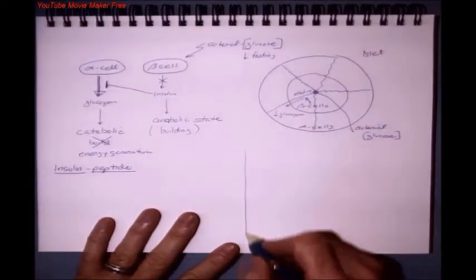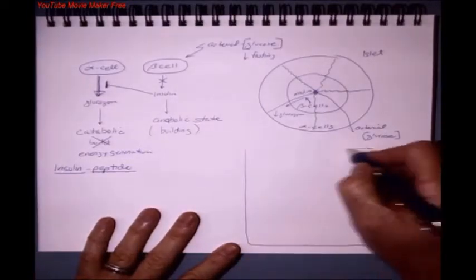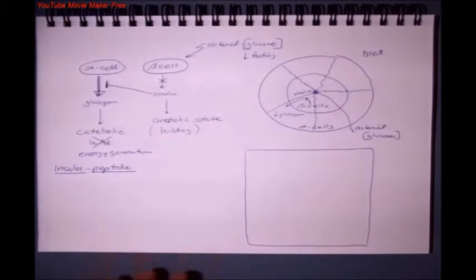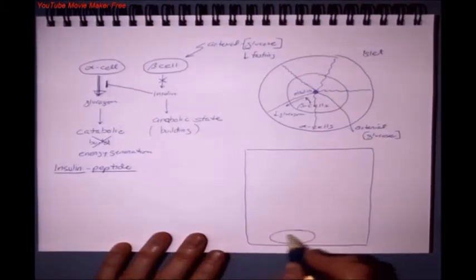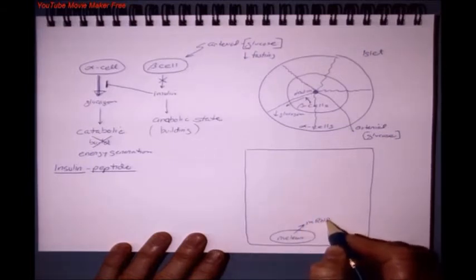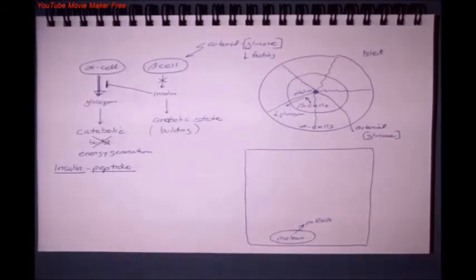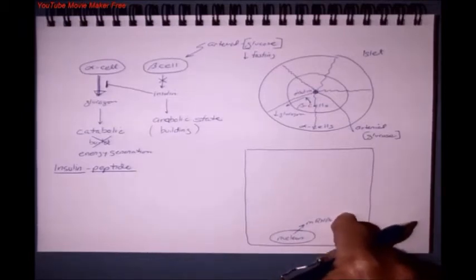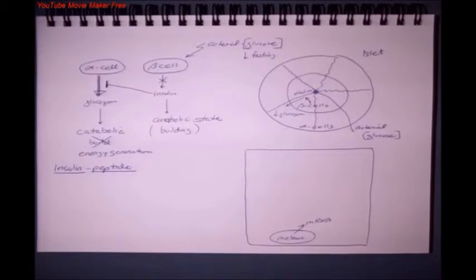So if this is our cell, we have a nucleus. The nucleus is going to generate our mRNA. Now remember, when mRNA is made and translocated into the cytoplasm, it has one of two fates.